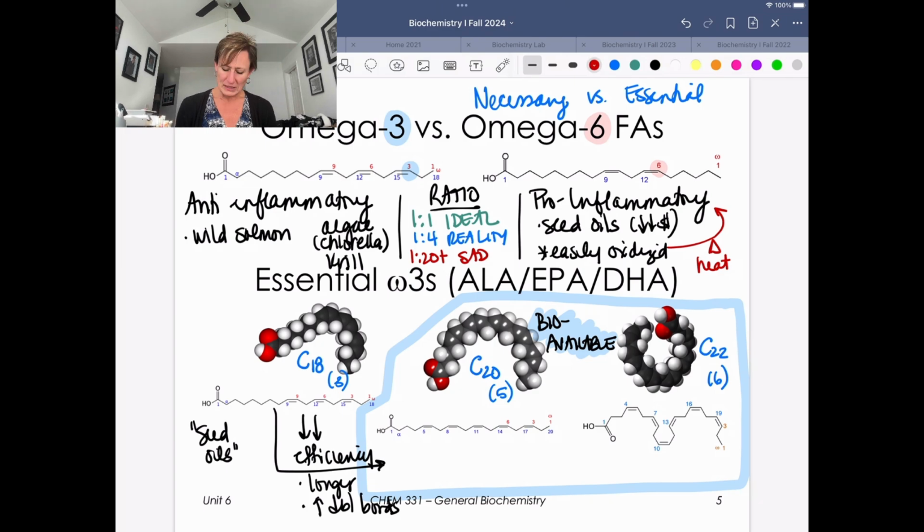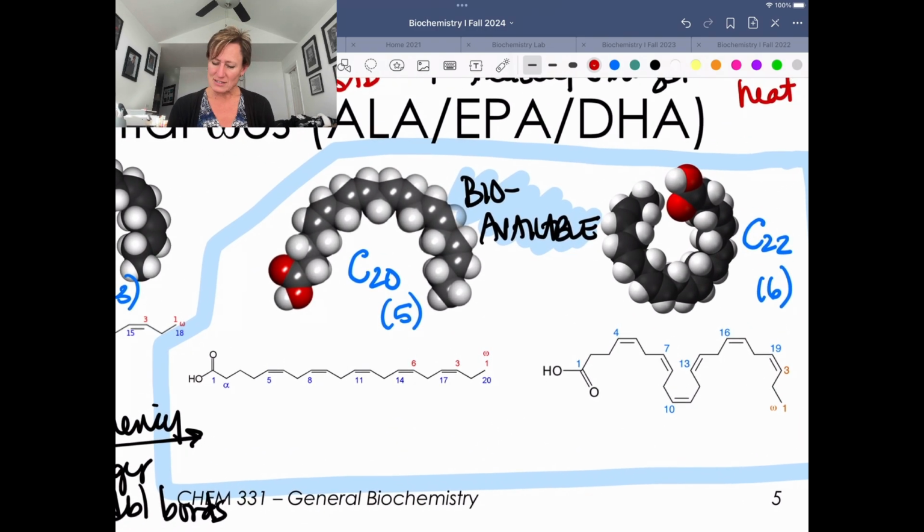But we are horribly inefficient in doing this conversion process, and the net outcome is that these become essential fatty acids. So the C20 and C22 fatty acids are essential because we cannot make them from the C18 precursor.